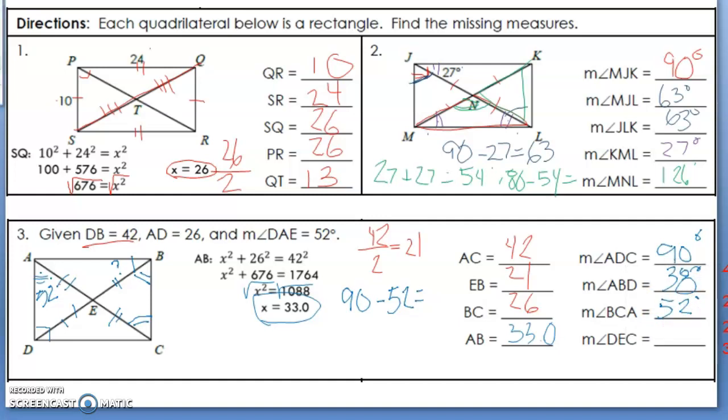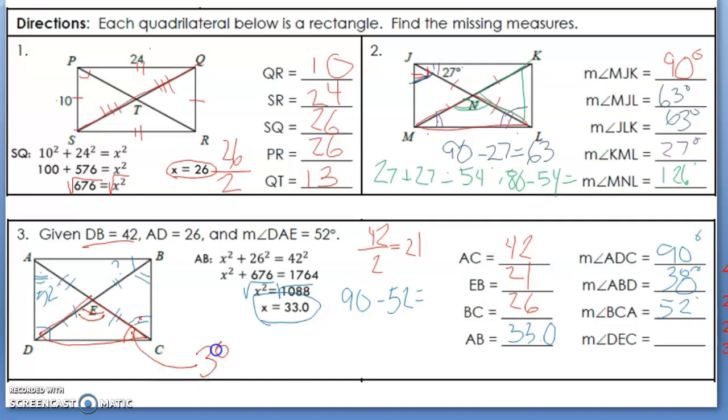Lastly, I'll use a new color to really make it stand out. Angle DEC. So we're looking at this bottom middle isosceles triangle. Okay, we know that this angle here is 52 degrees. So that means that angle DCA is whatever 90 minus 52 is, and we said that this is 38 degrees. So I'm going to mark that right there.